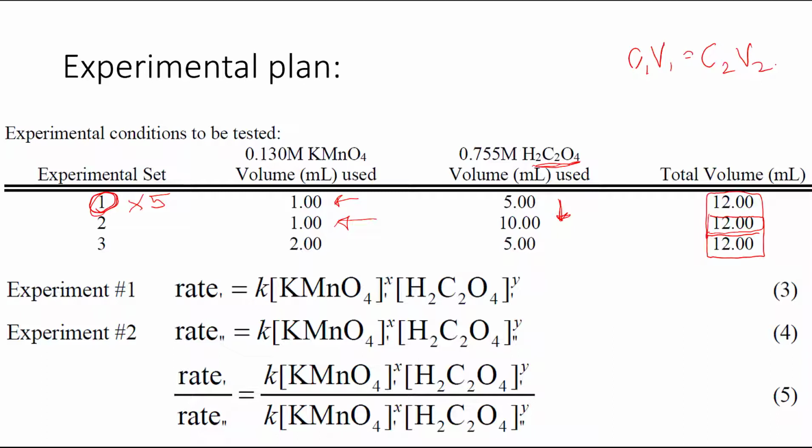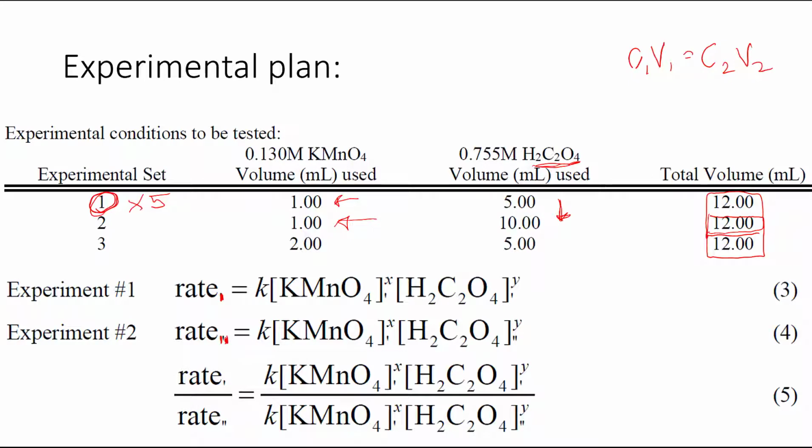So let's think about the math a little bit. I'm using these prime terms, a single prime and a double prime, and these are two different reactions. In experiment 1 and experiment 2, the concentration of potassium permanganate is staying constant. Of course, we can always write our rate law; it's an experimentally determined rate law.